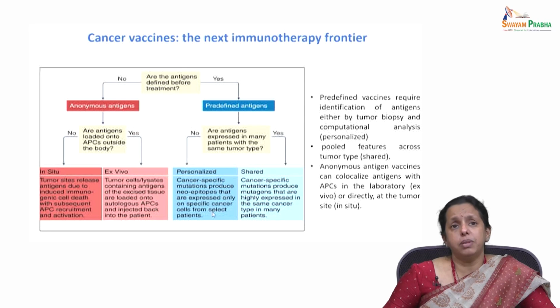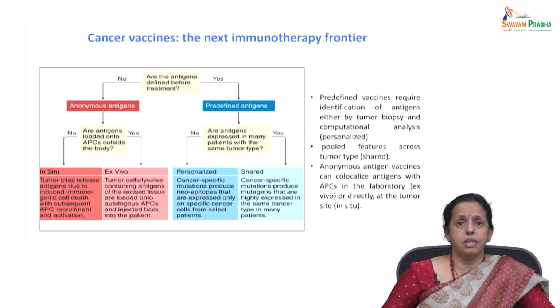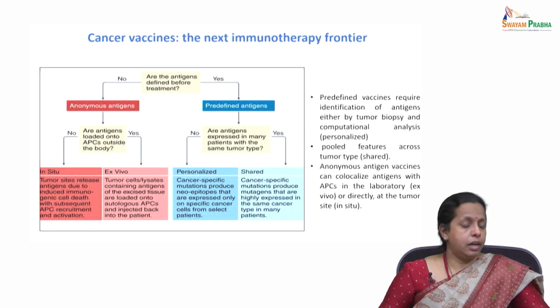Sometimes this is a very broad group, this is shared, yes, predefined antigens. So, cancer specific mutations produce neoantigens that are highly expressed in the same cancer type in many patients. Anonymous antigen vaccines can co-localize antigens with APCs in the laboratory or directly at the tumors.